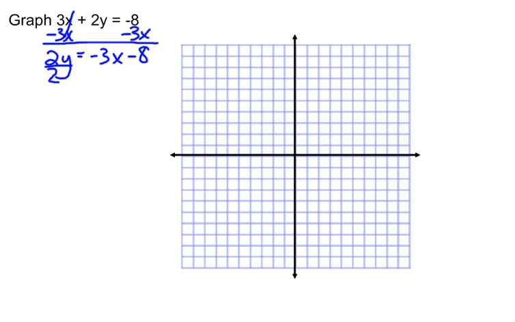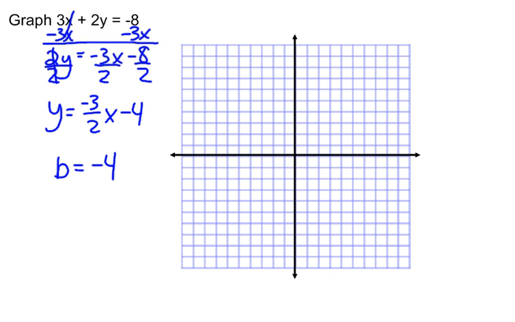Then divide everything by 2, those cancel, and y is equal to negative 3 over 2x minus 4. Once again, y is by itself, so the number by itself is our y-intercept, so it's negative 4, and our slope is negative 3 over 2.